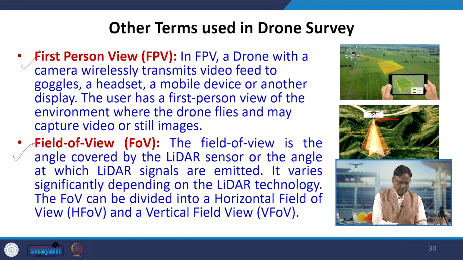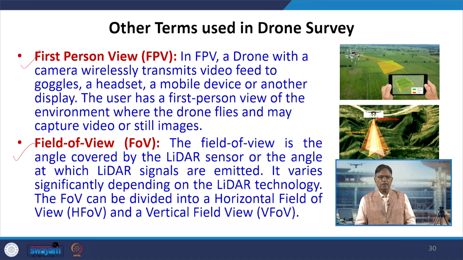The next one is the field of view, FOV. The field of view is the angle which is covered by the LiDAR sensor, or the angle at which the LiDAR signals are emitted, varying significantly depending upon the LiDAR technology. So there could be two types of field of view, the horizontal field of view and the vertical field of view.